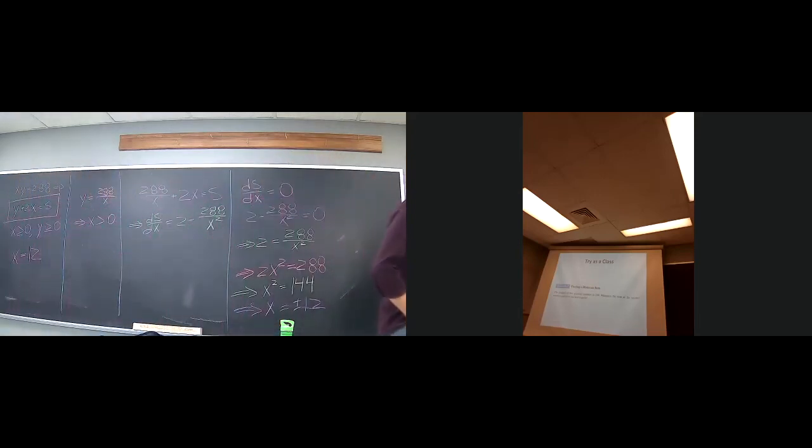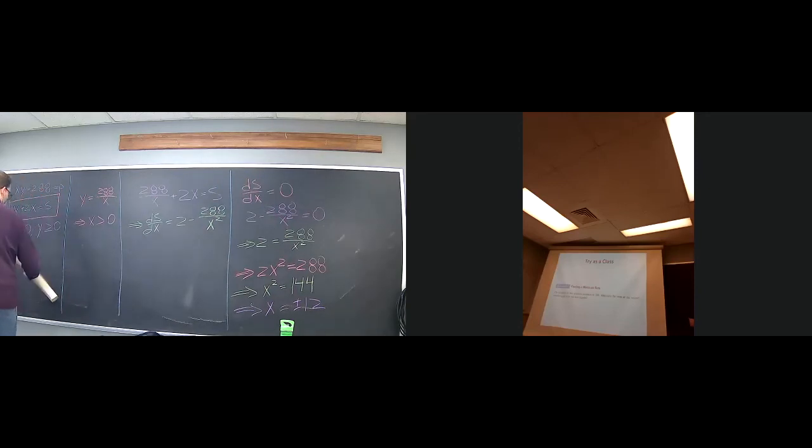Since x is equal to 12, we have an equation relating x and y. Since we have this equation relating x and y now, we can solve for y as well. 288 divided by 12 should come out to be 24, I think.